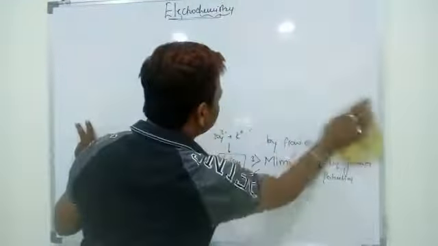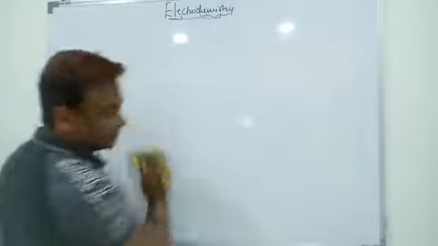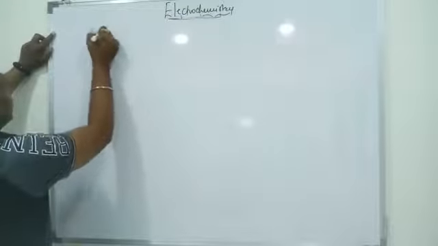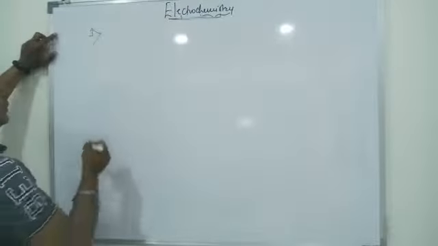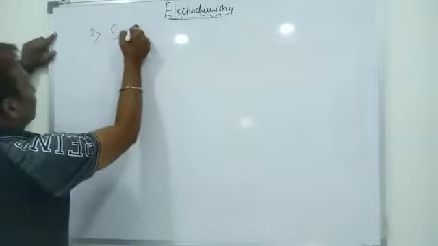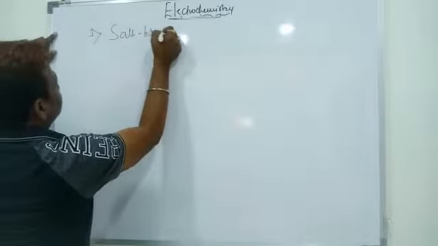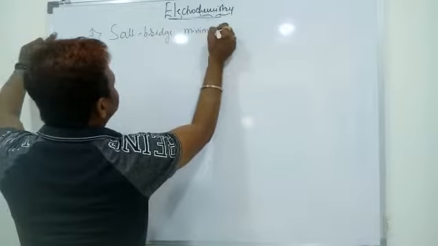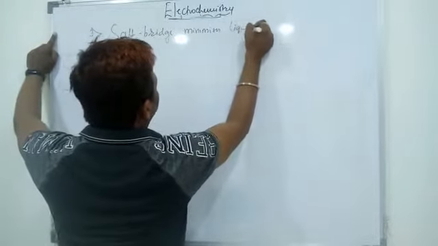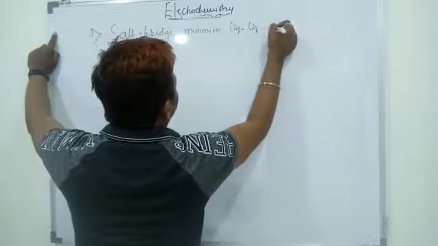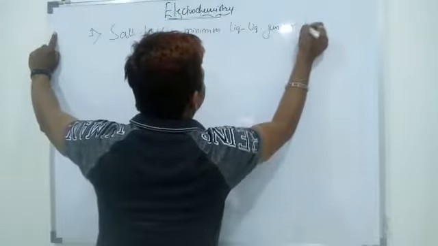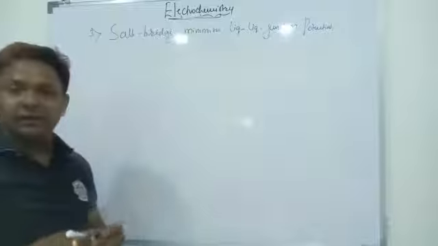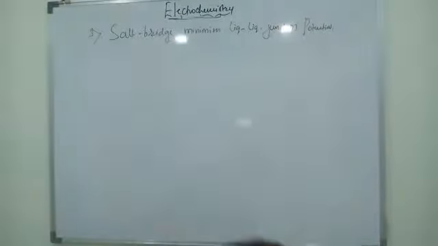For minimizing liquid junction potential, I will take the help of a small diagram present here. This is the point I am going to explain, how our salt bridge minimizes liquid junction potential.